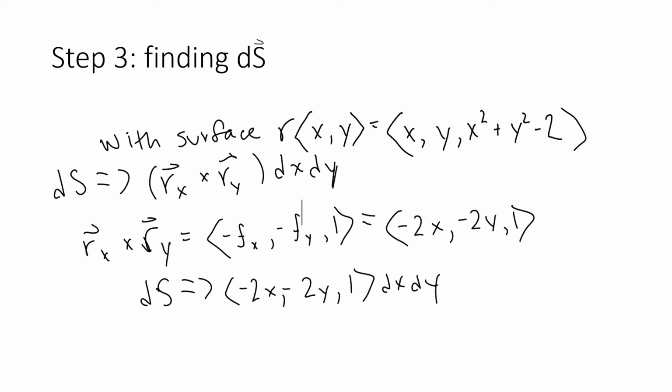So that's why you get this form that's shown here. When you take the negative partial derivative of f with respect to x and negative partial derivative of f with respect to y, you get the vector that's shown there. So your dS is really just this vector, negative 2x, negative 2y, 1, multiplied by dx dy. That's your new dS for the flux equation.